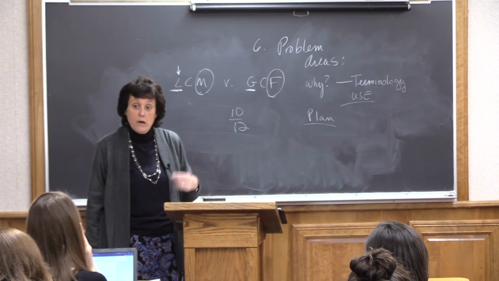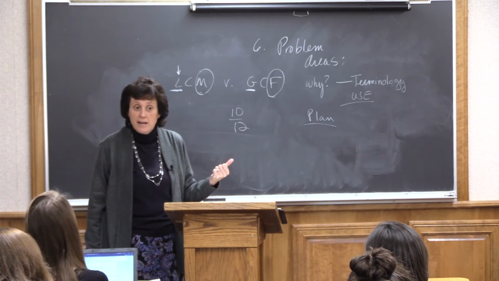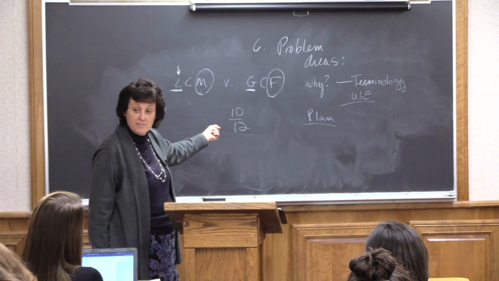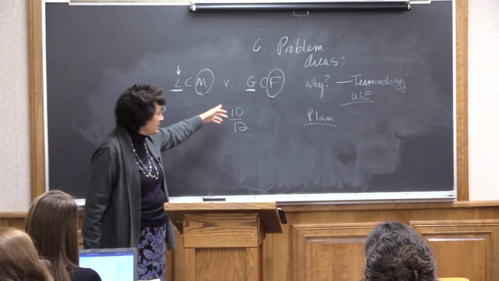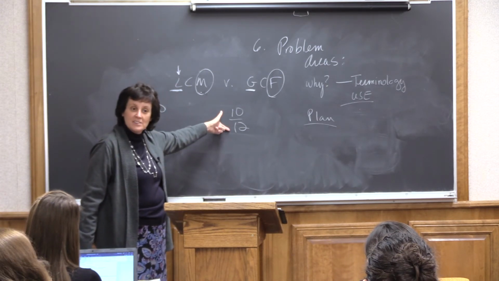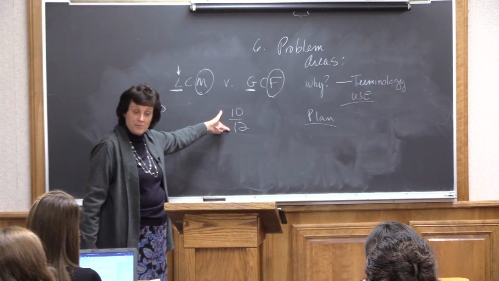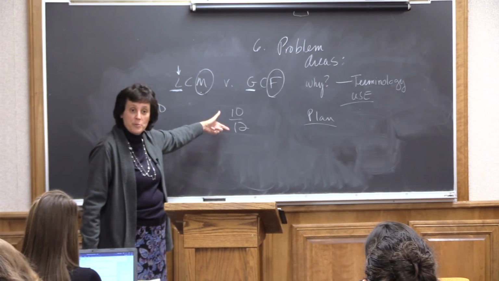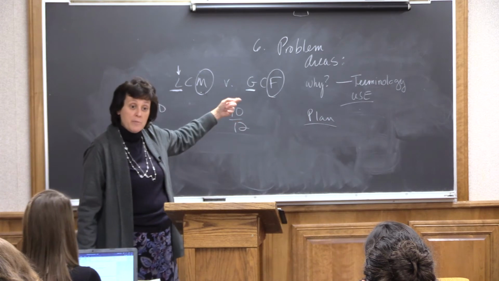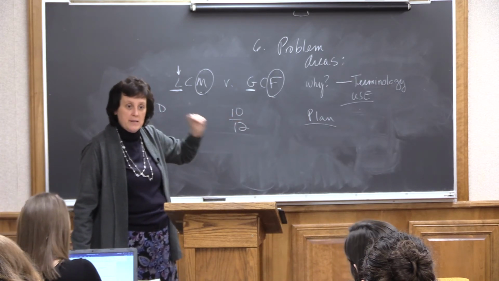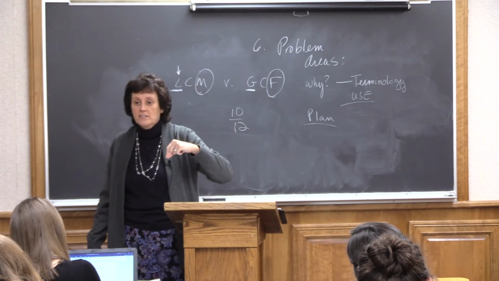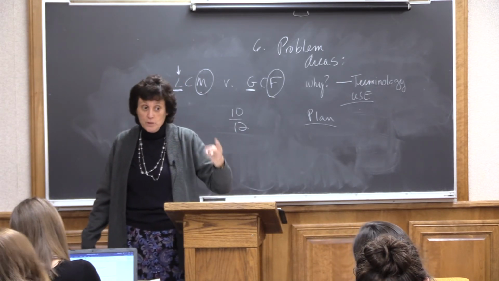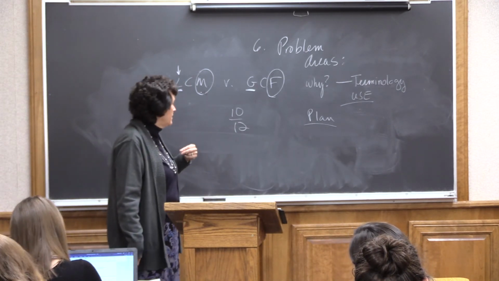I'm going to say, what's the greatest common factor? And everybody's going to say, you with me? What's the greatest common factor between 10 and 12? 2. I'm not going to say divide the numerator and denominator by 2. I'm going to say divide the numerator and denominator by the greatest common factor. And I'm going to ask, what is the greatest common factor? The answer is 2. So how do I reduce?